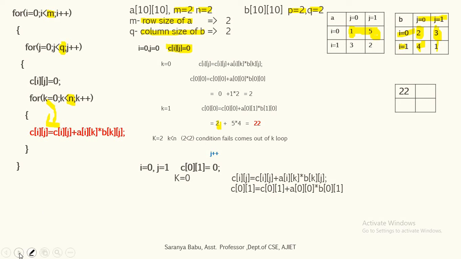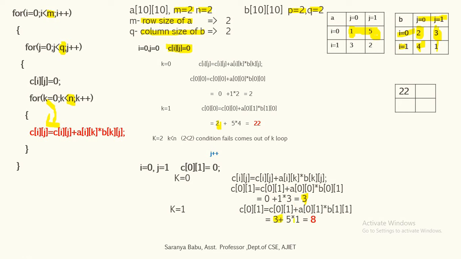Then it is computing the result and displaying a value 3. This 3 needs to be added in the next step, that is, stored in C of 0, 1 will contain the value 3 with the value K equal to 1.